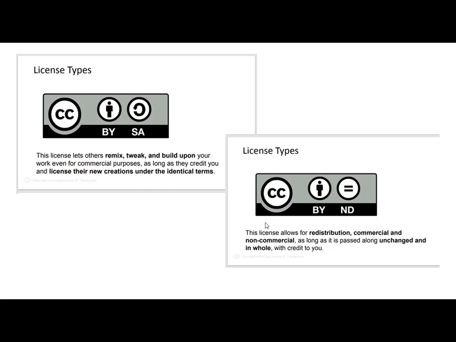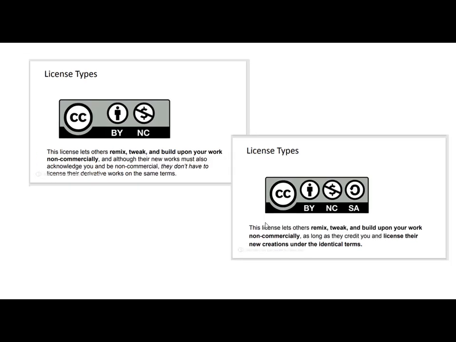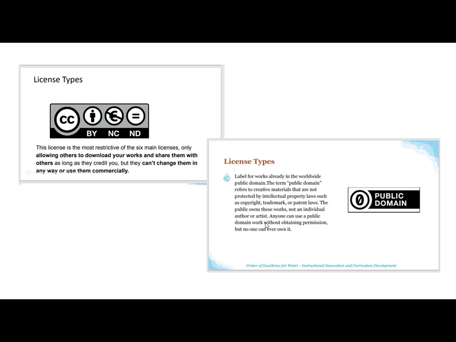Here are the different license types, chosen from the list in the previous slide. Here we have BY and SA, BY and ND, BY and NC, BY, NC and SA, and BY, NC and ND license types.